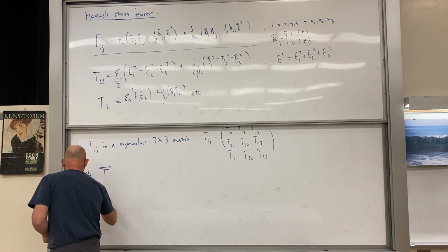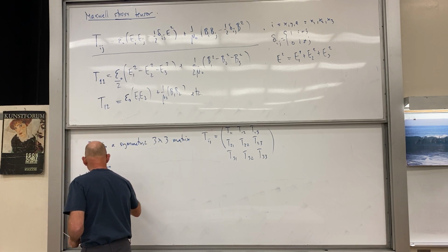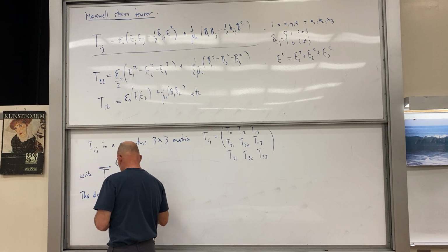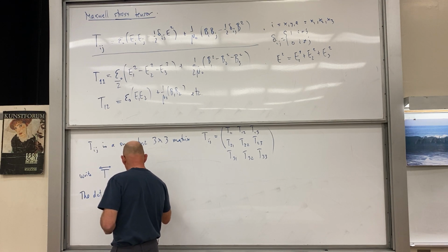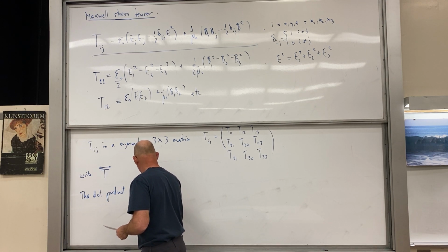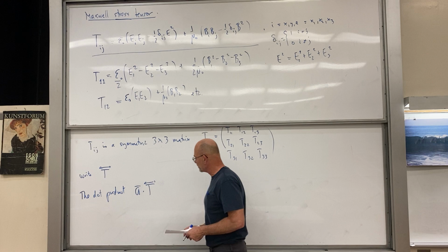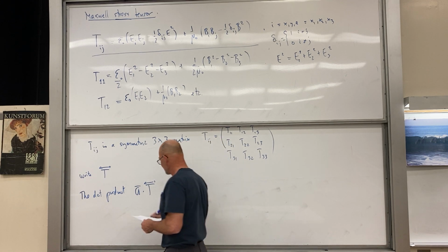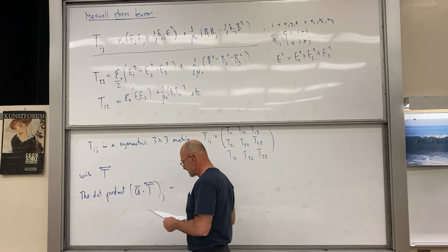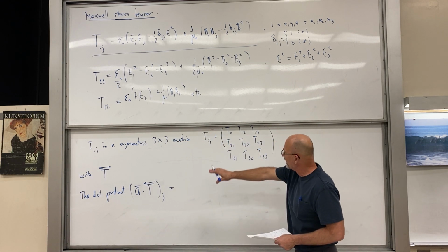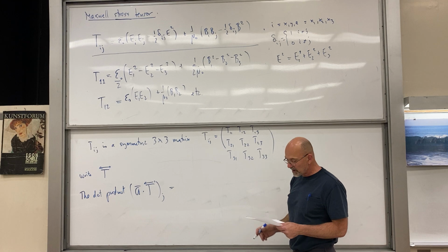So next, our dot product, we can just write A dot T. But since we're multiplying an entire matrix here, I'm going to take the jth component of that, and it's just like multiplying a vector to a matrix from the left.